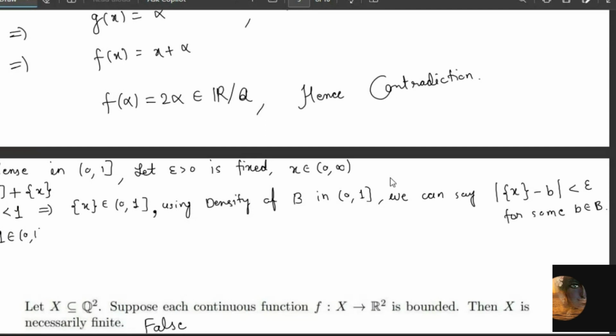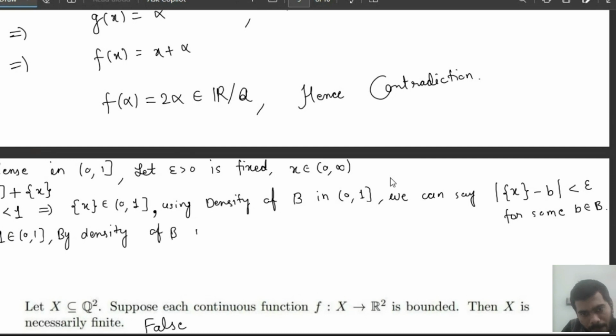Again using density, can I call it, okay, let me call it B1. By density of B in this, can I say that there exists some B2 such that this is less than epsilon? Yes.